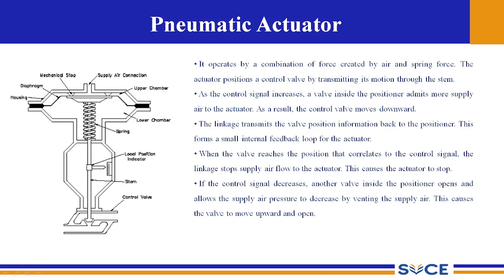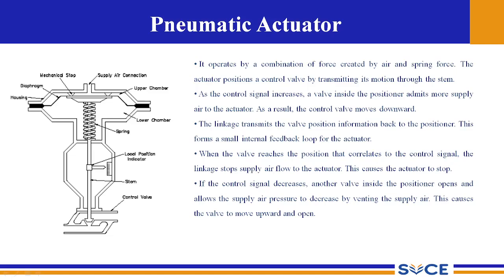And the principle is, it operates by a combination of force exerted by the air and spring force, and the actuator positions a control valve by transmitting its motion towards the stem. So when the control signal increases, the valve inside the positioner actually admits more supply of air into the actuator.